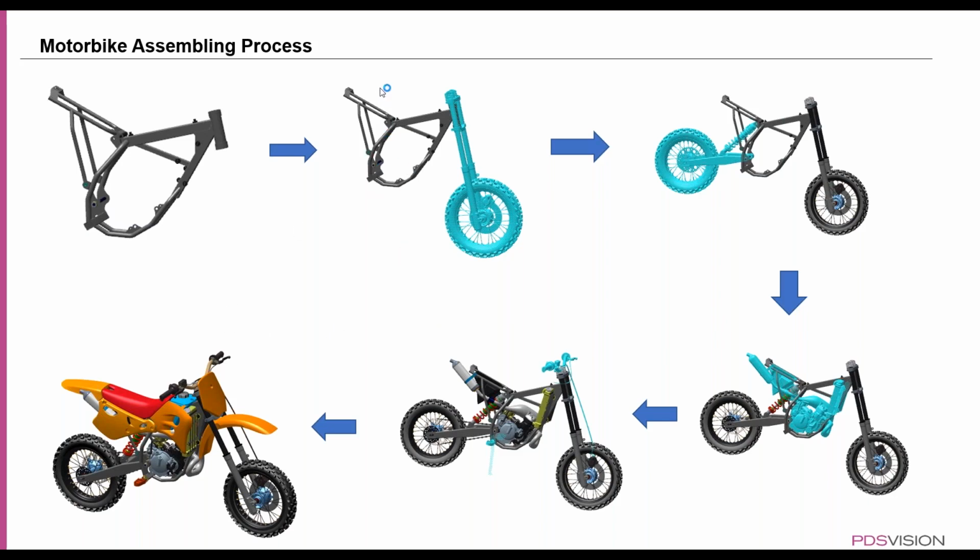Then I can go into a particular operation in this process plan and assign what goes into that stage. So for example, on the first stage, we would say this is where the frame goes. On the second stage, this is where the fork and the wheel assembly would go.